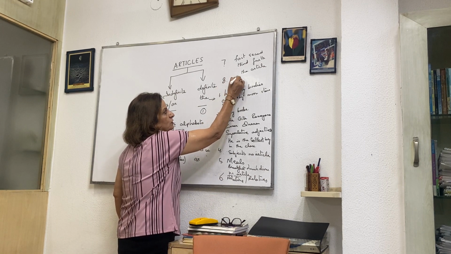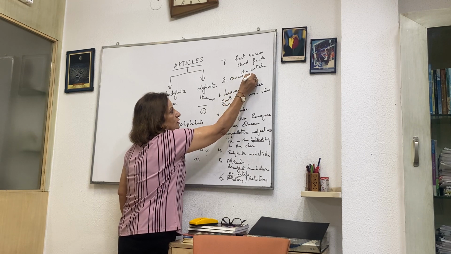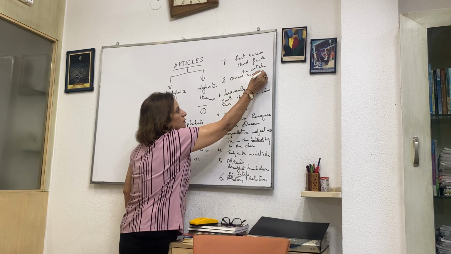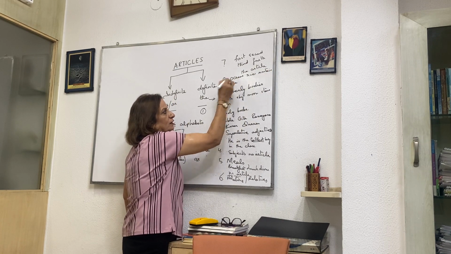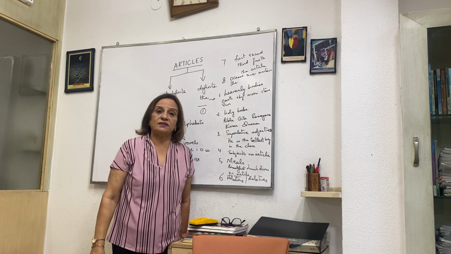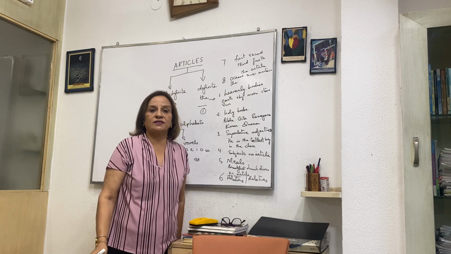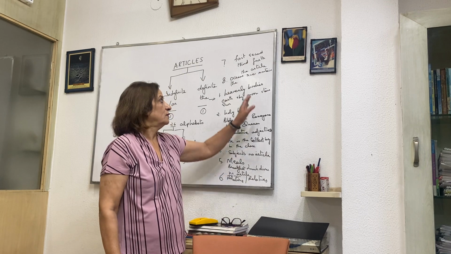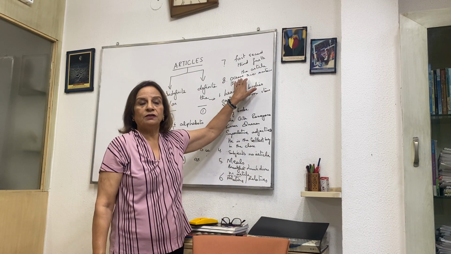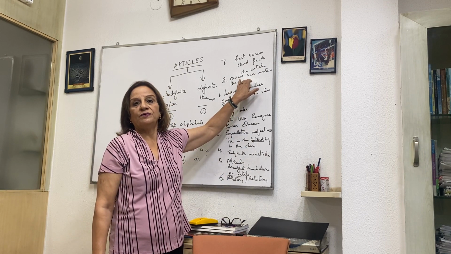For oceans, rivers, mountains, lakes, okay, we always use the article. For example, the Himalayas, the Mount Everest, the Eiffel Tower, the Qutub Minar, the Atlantic Ocean, the Nile River, right?